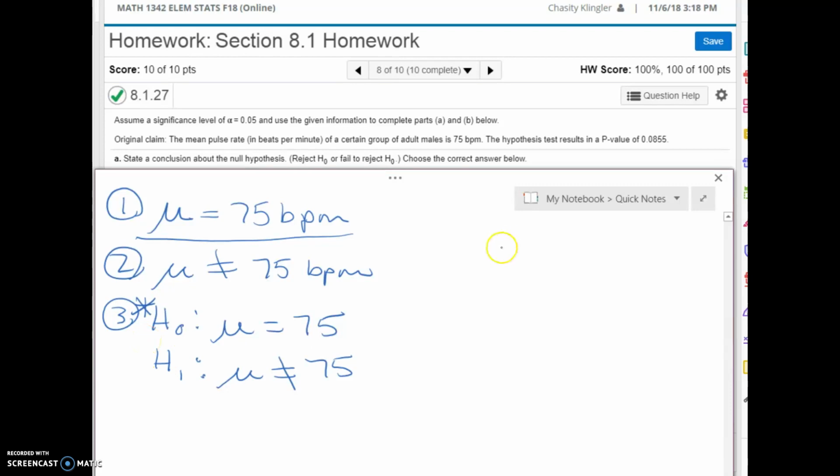They also told us our alpha is 0.05 and our p-value is 0.0855. So if they've done part of our work for us, they've gone through step 6, which calculates the p-value.